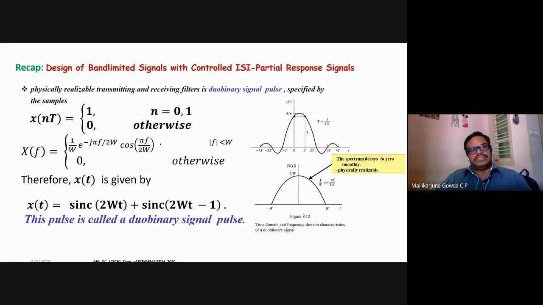Right? This is one signal pulse which we will be able to realize physically with the transmitting and receiving filters.